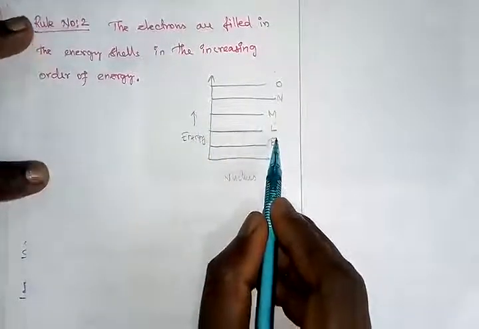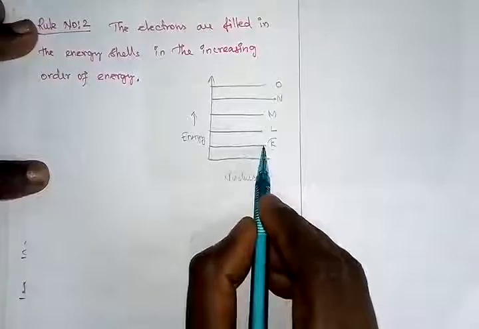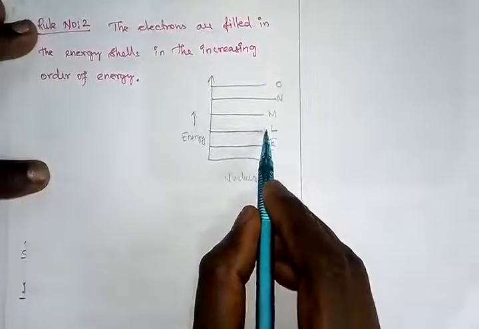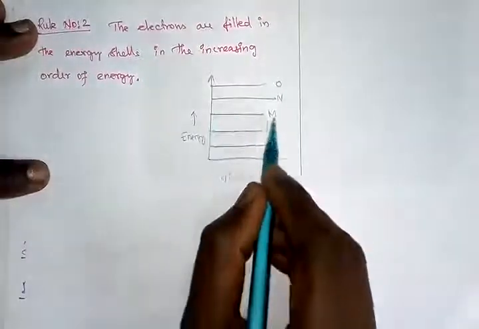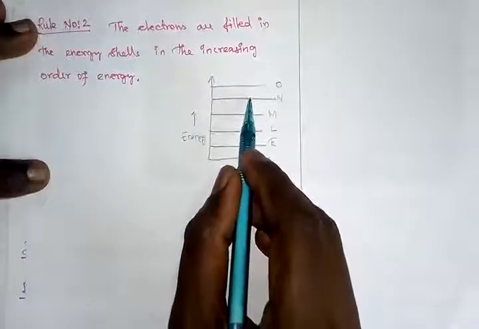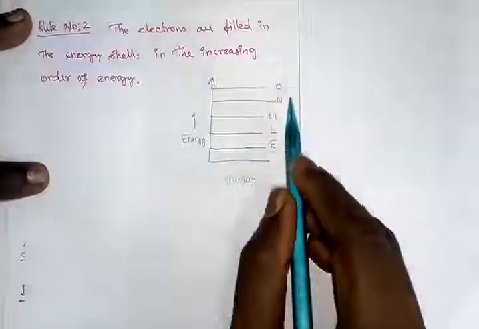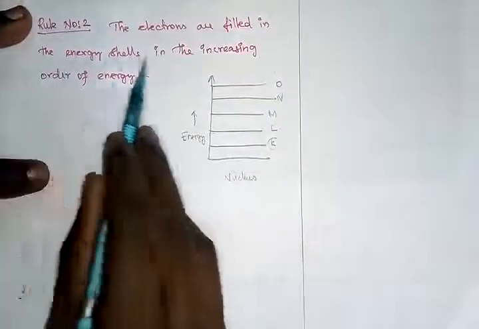K shell. Once K shell is filled, it will go to the L shell. Once L shell is filled, it will go to the M shell. Once M shell is filled, it will go to the N shell. This is the idea behind this concept.